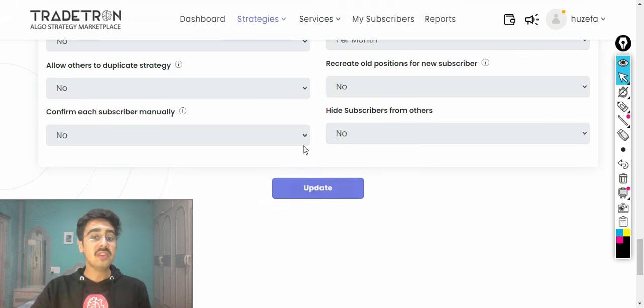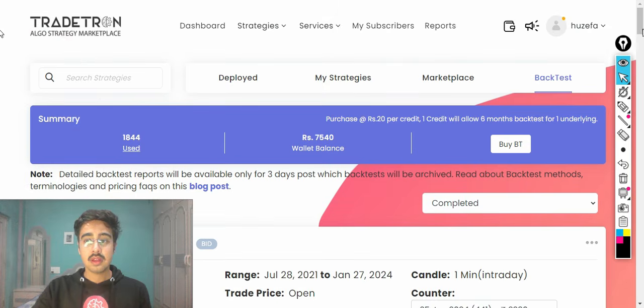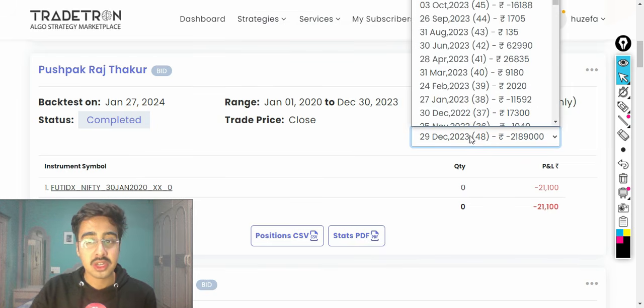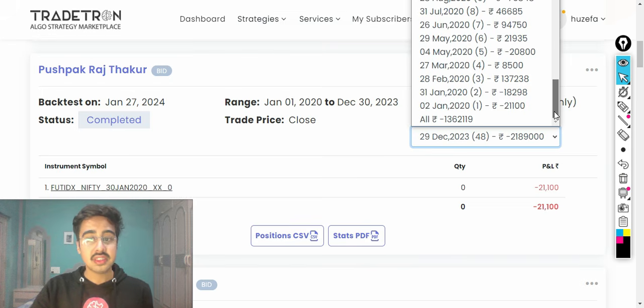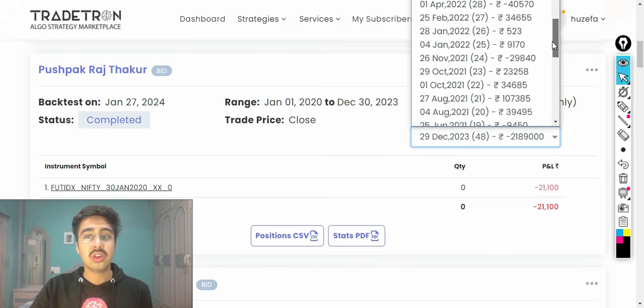And we will now have a look at the backtest report for this particular strategy. So I'll go to the backtest, and in here we can see the backtest report for this particular strategy. So we can see that I've backtested this since January 2020, by the way, so that we can get a clear view of how this is performing.